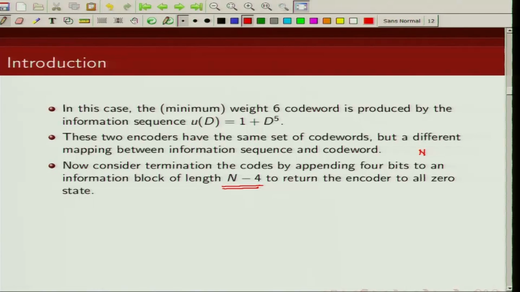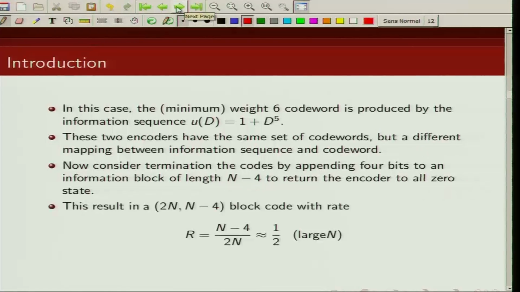So the overall code word length, because it's a rate half code, would be 2 times n. So this is an information sequence of n minus 4, plus we add 4 tail bits, that is n, and since it is a rate half code, the number of coded bits that we will get is 2n. So this will result in a (2n, n minus 4) block code. So this is roughly a rate half code if n is very large.